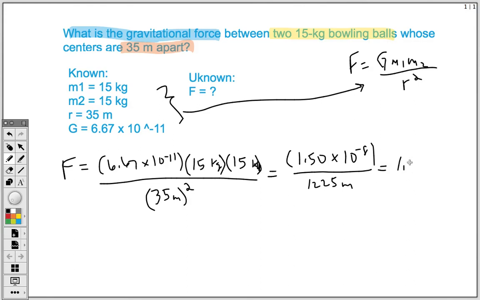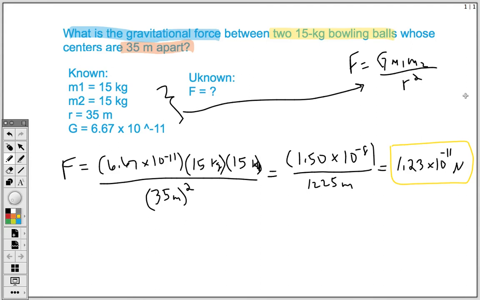Our answer here is 1.23 times 10 to the negative 11th. And we know that this is a force, so our units are newtons. As I mentioned, this value makes sense because our objects are not very massive at all, and the distance is very far away. So it makes sense that our value is going to be very, very small.